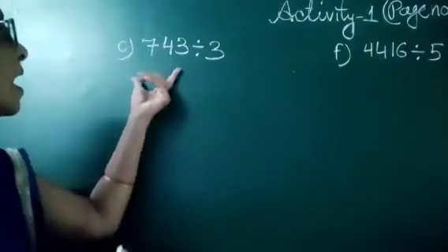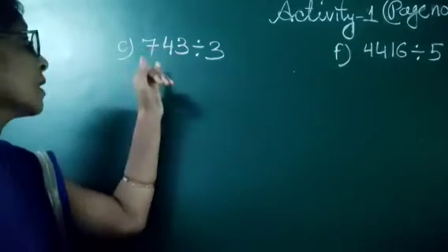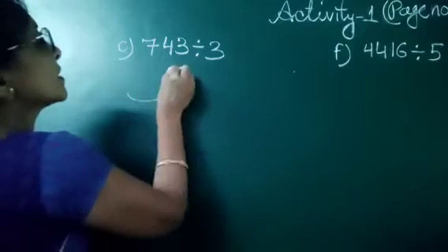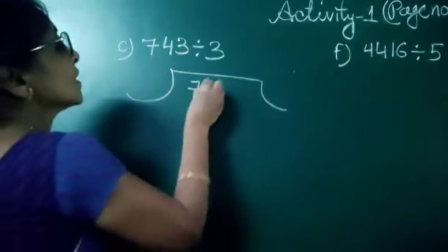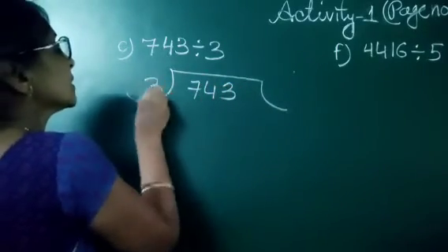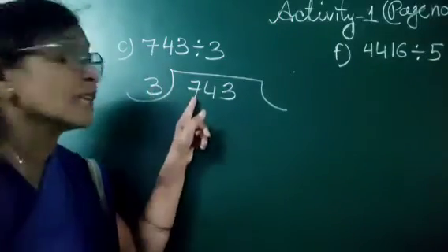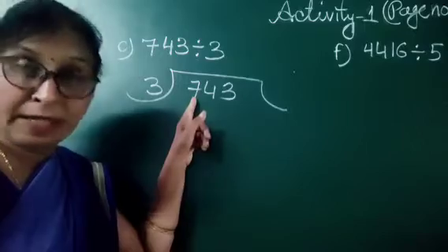The next part, see, one is 743 divided by 3. In the same way we write the dividend here and the divisor here. Now here is the single digit, so we look at the single digit first.